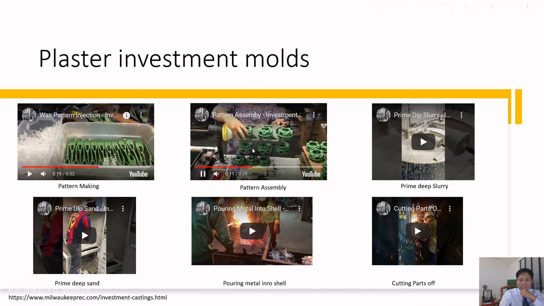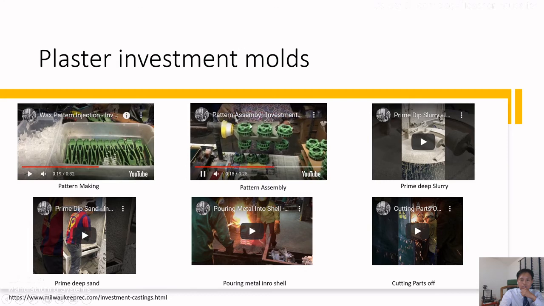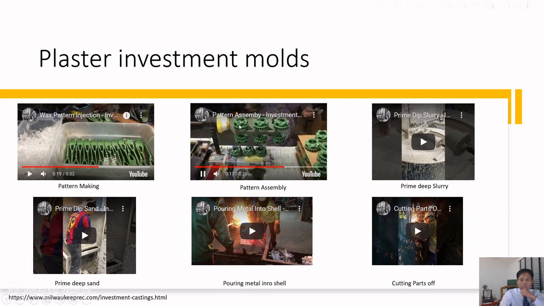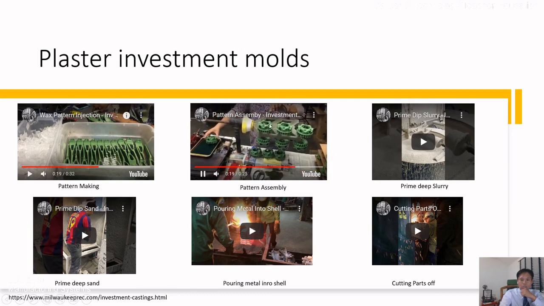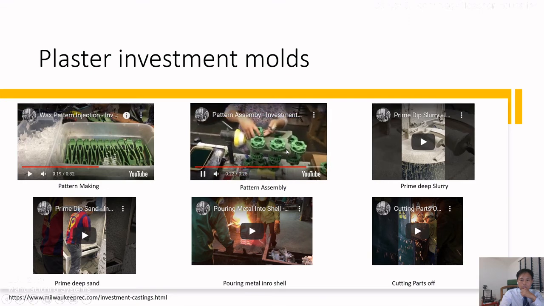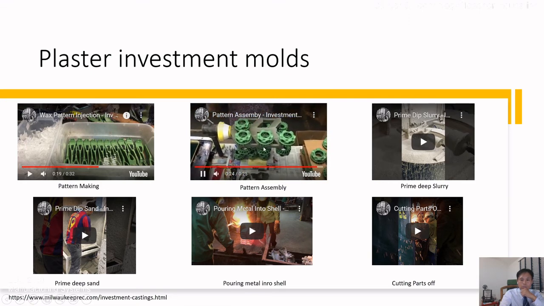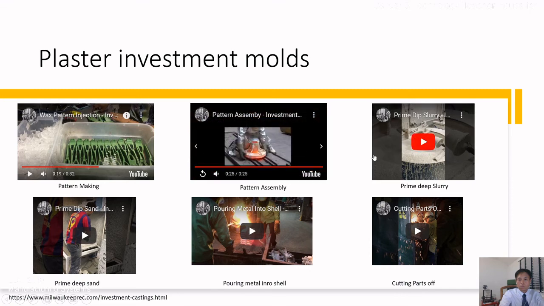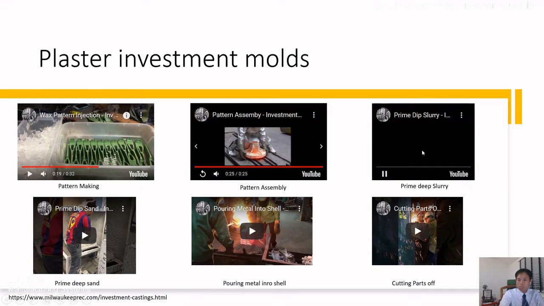The person is attaching the pattern to the wax structure. This structure will be the mold. Right, once the mold structure is prepared, then dip it into the slurry.